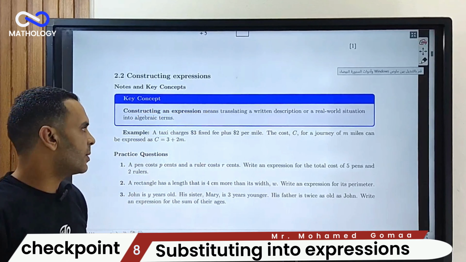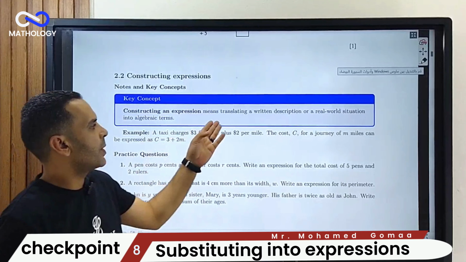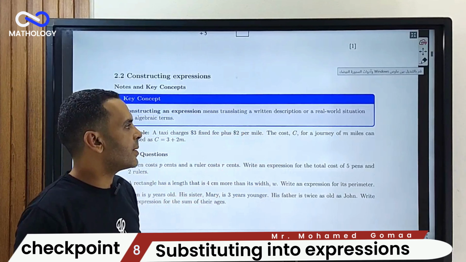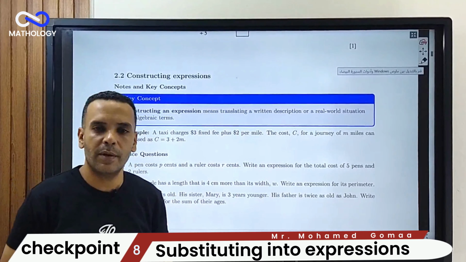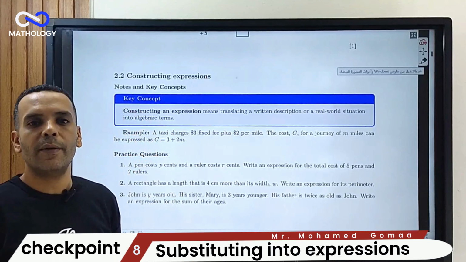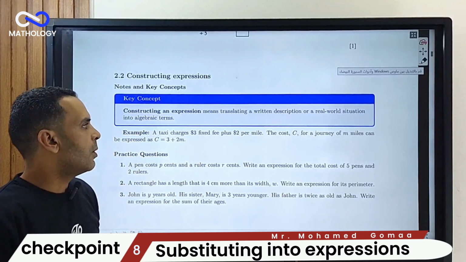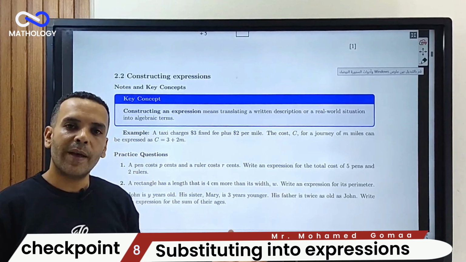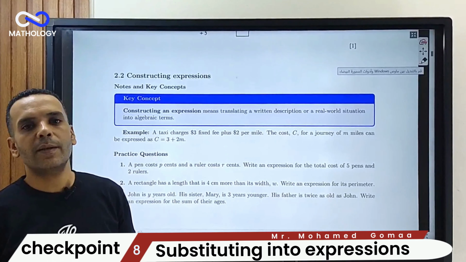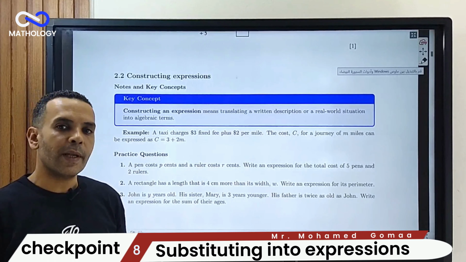Constructing expressions means translating a written description or a real-world situation into algebraic terms. Okay, to convert the real situation or the description into an expression, into math: numbers and letters, plus or minus, multiplication.